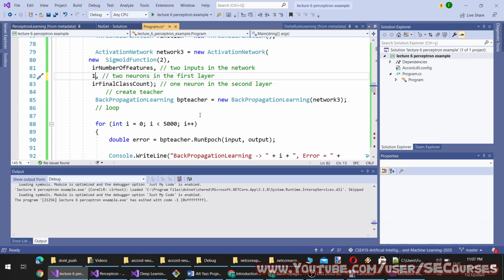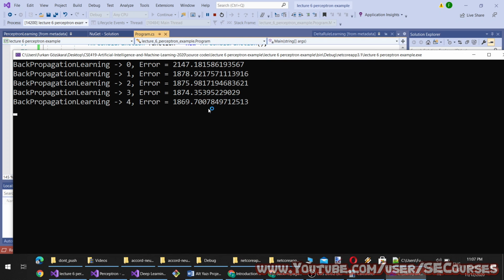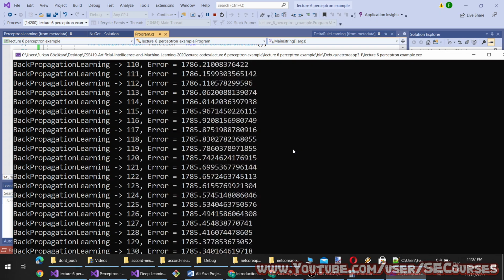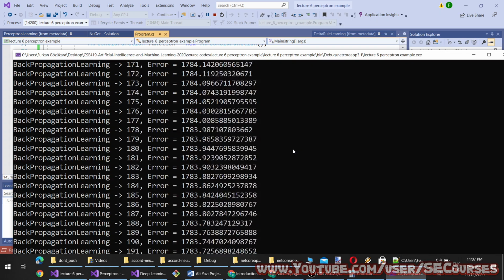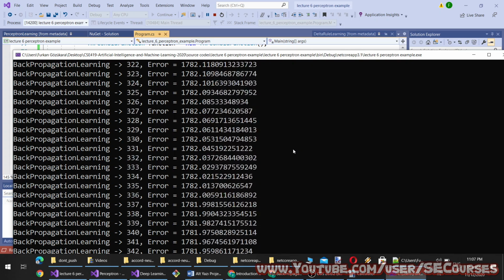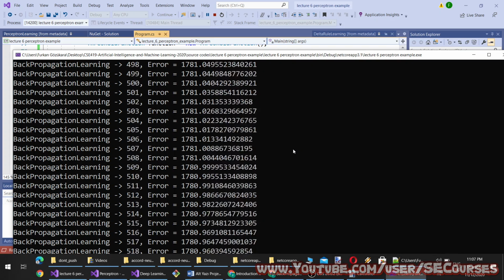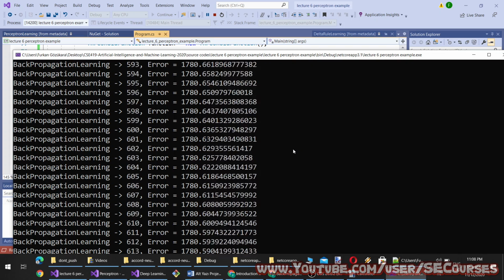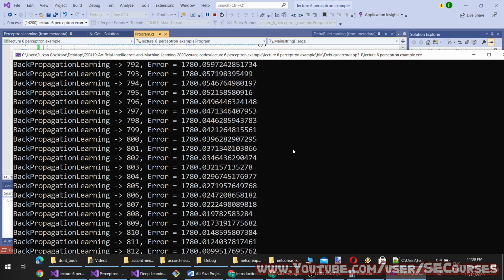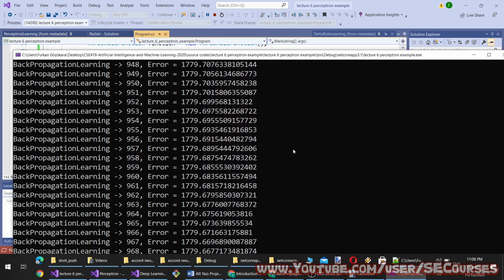Let's make it 1. I wonder how it will work. Oh, with just 1 neuron, you see it is much faster and better. Maybe with just one neuron we can get a very good result. Interesting. So the number of neurons can affect your performance dramatically.